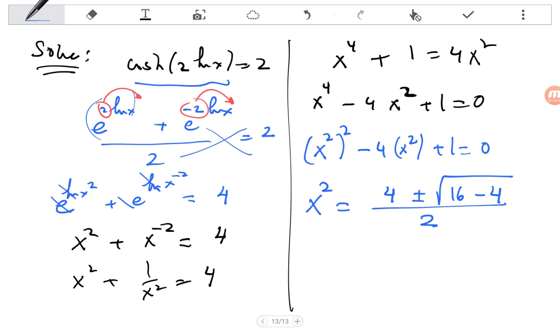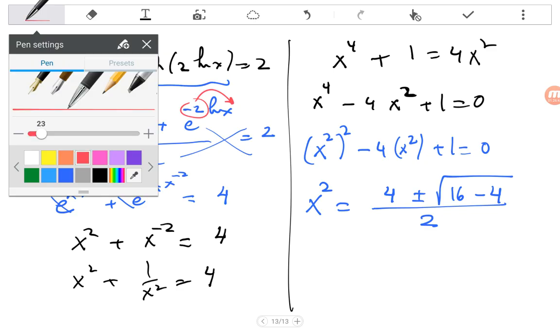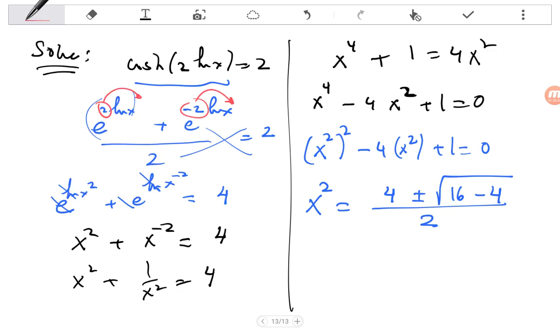This is the law of solving quadratic equations, which is, if you remember, for ax squared plus bx plus c equals 0, the solutions are minus b plus or minus root b squared minus 4ac over 2a.